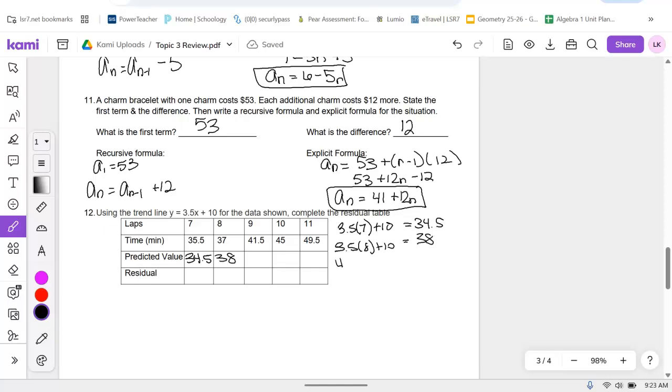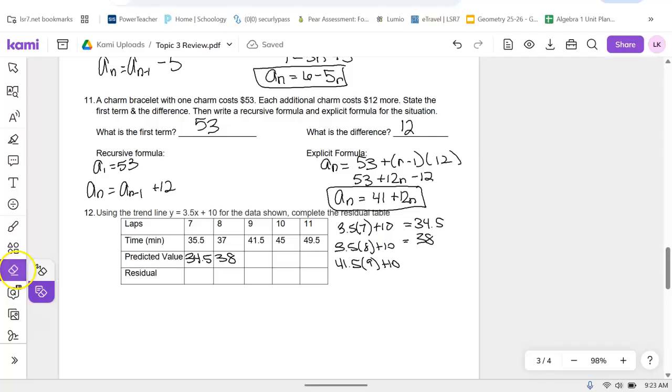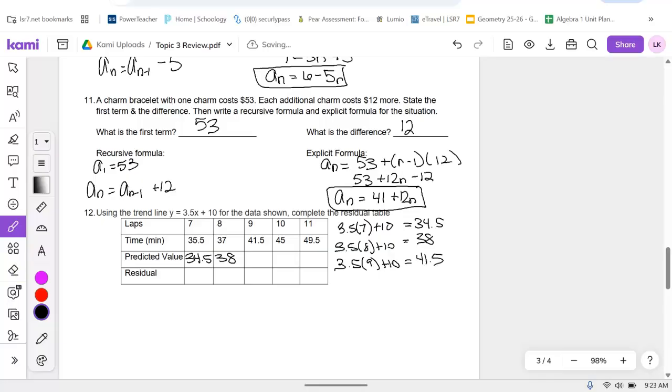Then I'm going to have 3.5 times 9, my apologies, that should be 3.5. So I have 3.5 times 9 is 31.5 plus 10 is 41.5.